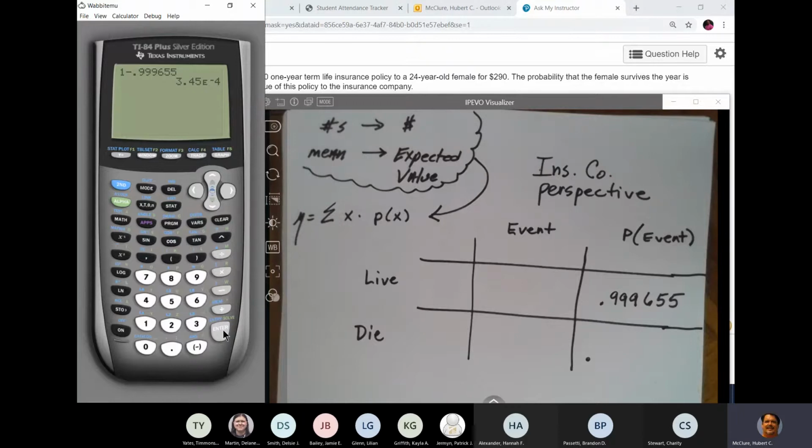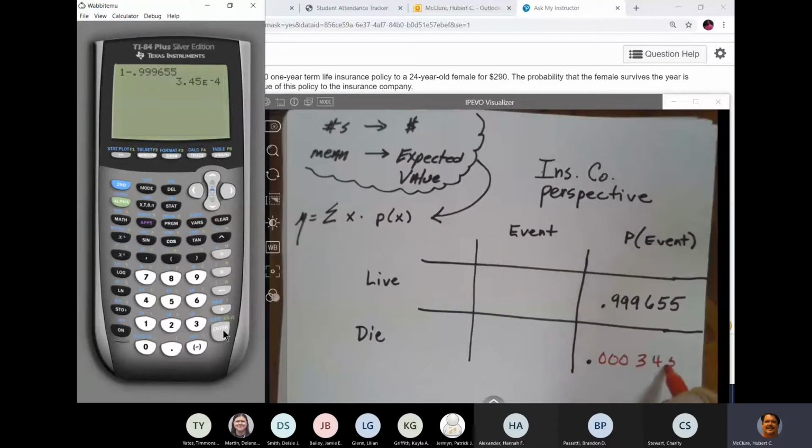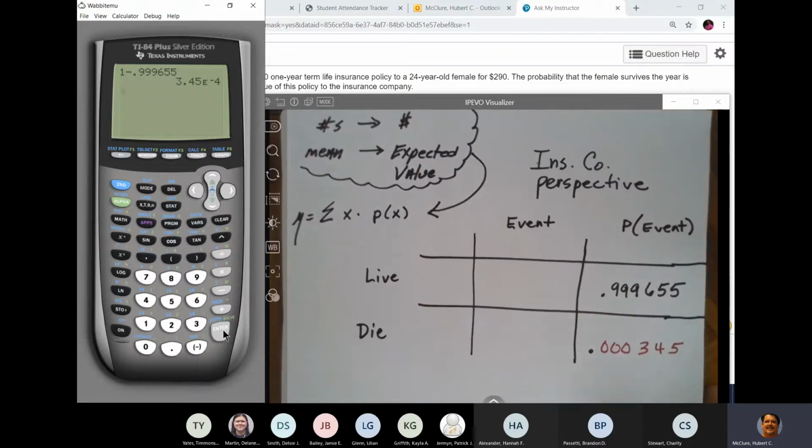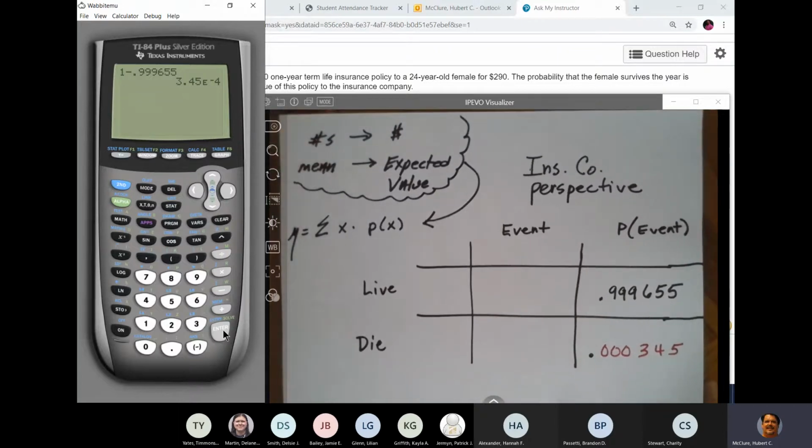And we'll just say that red is dying. That's going to be 0.0004345. Now in your notes, you need to put how I got that. You need to write down below it 1 minus 0.999655. Or if you watch this video, you rewind it a couple of times.